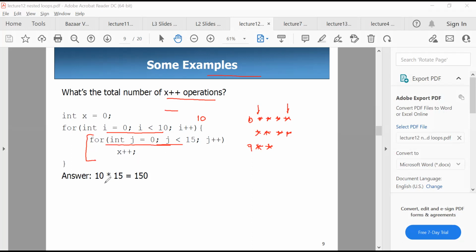So we need to multiply 10 by 15 to get the number of times x plus plus will be executed. Any problem? No. Okay.